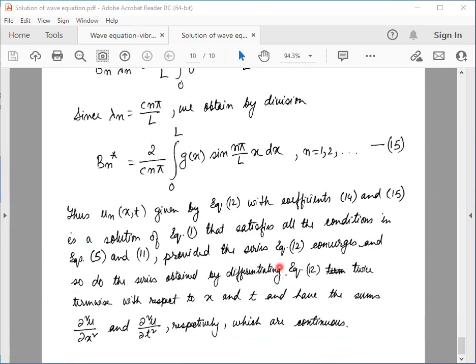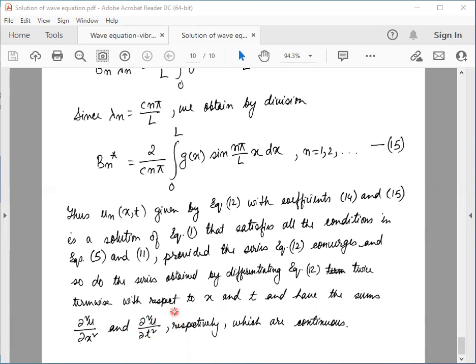And not only should the series converge, since the wave equation is a second order partial differential equation, the series obtained by differentiating equation 12 twice, term by term with respect to x and with respect to t, should also have sums equal to the corresponding expressions.